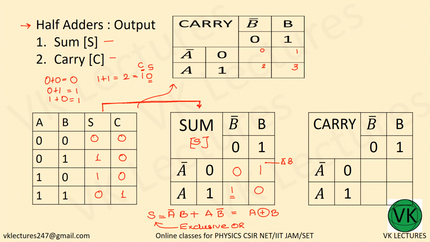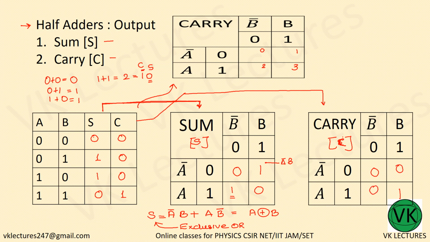Now let us look into the carry side. Sorry, C. So just transfer the C to here. Wherever there is 1, put it as high input. So 1 1 is the only place where the carry is high, and in all other regions it is 0.